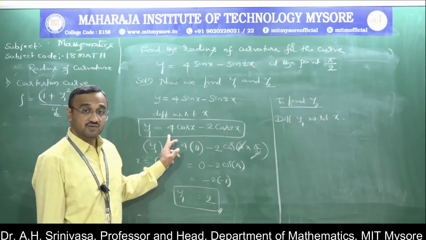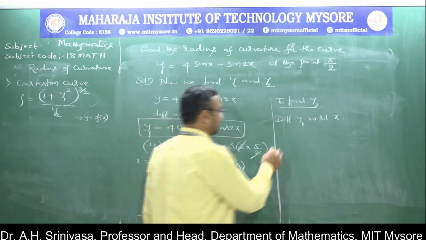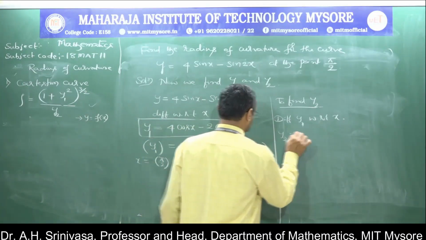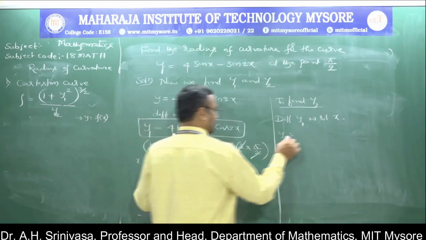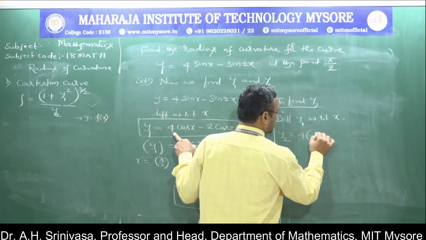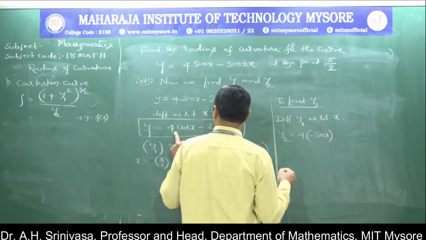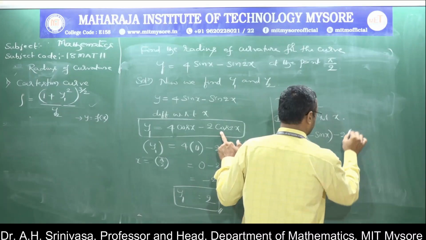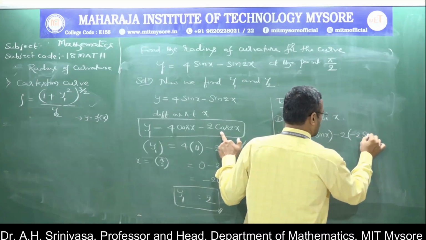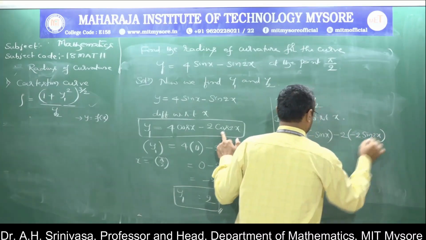What do we get here? y2: 4 times cos becomes minus sin x, minus 2 times, again cos becomes minus, 2 into sin 2x.